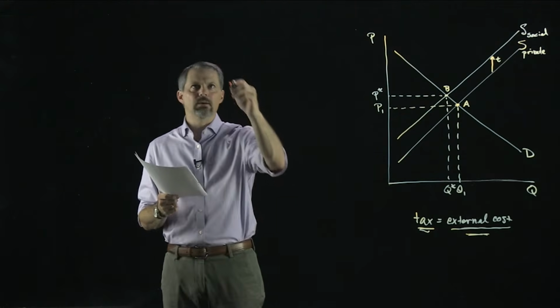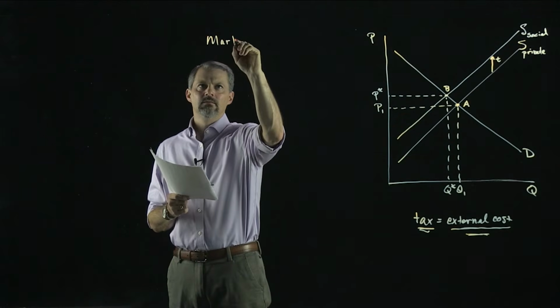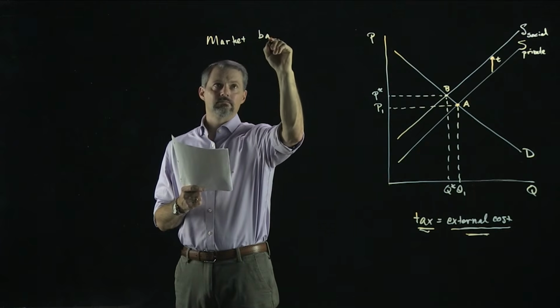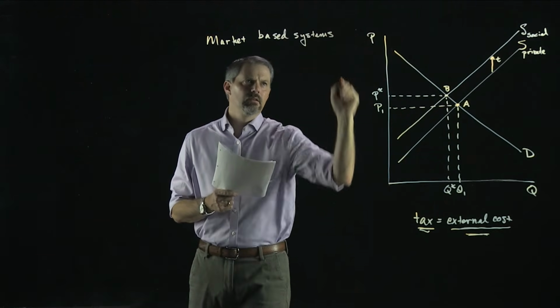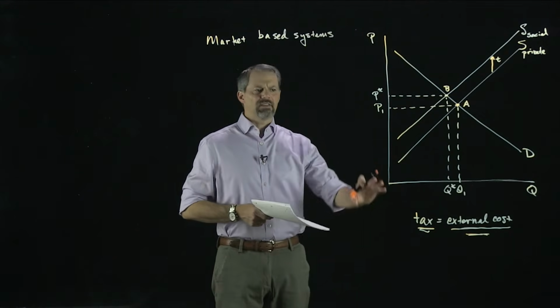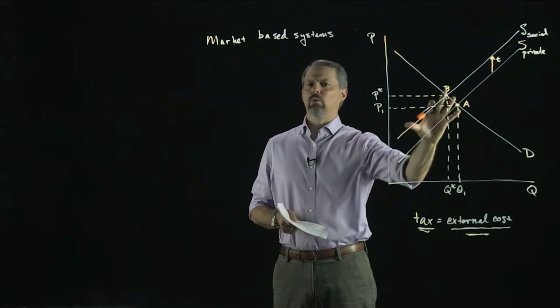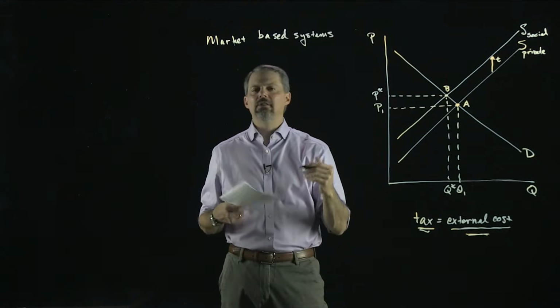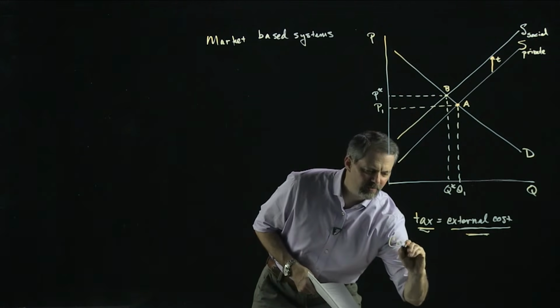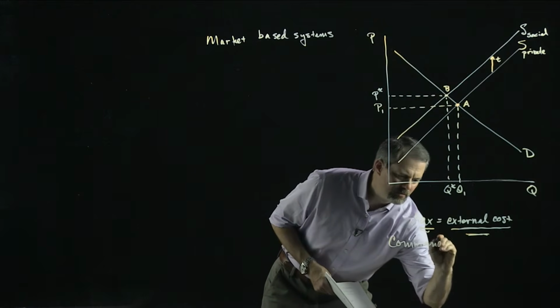Let's talk about some market-based systems. Actually, before we talk about that, let me just add on one thing to this government remedy, and that is another thing that the government could do is what's referred to as command and control.